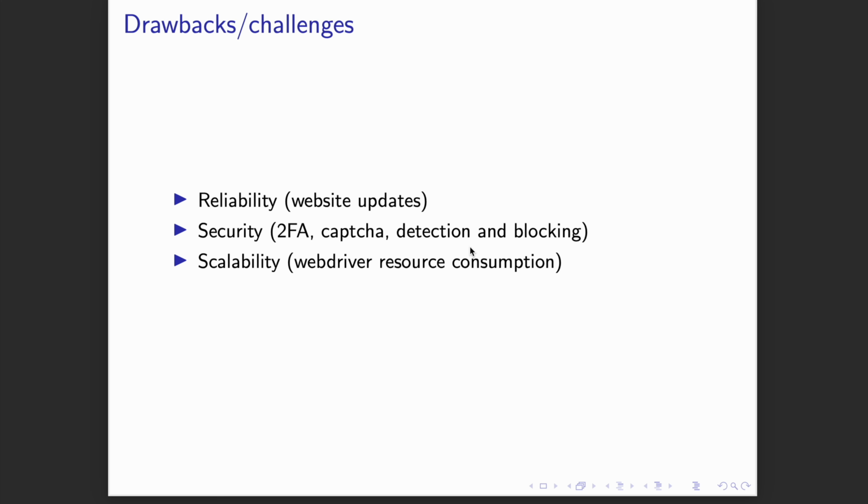A couple of drawbacks and challenges of this type of script in general is the reliability, right? Whenever LinkedIn decides to update their website, the fields that they're using or anything like that, you may be subject to crash, right? There's also security.